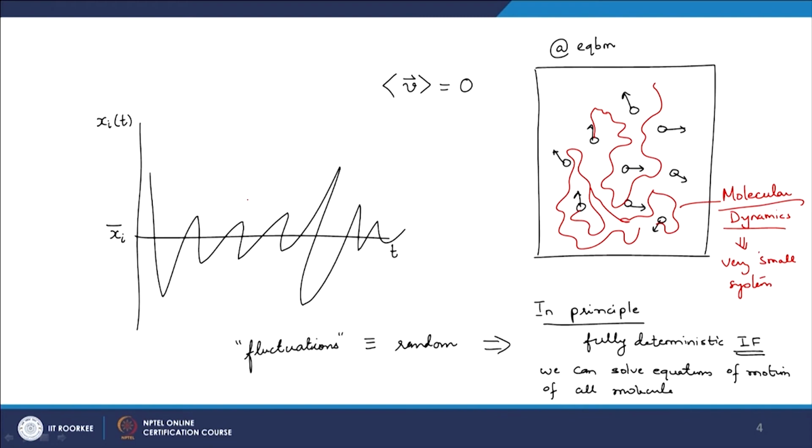So, if we do see a property, it shows fluctuations like this, and of course, the mean value is what we typically are interested in. But to characterize the magnitude of these fluctuations, because those magnitudes are a result of the Brownian motion, we will use what are known as correlation functions, which characterize the magnitude of fluctuations, not the average value of the property, right.